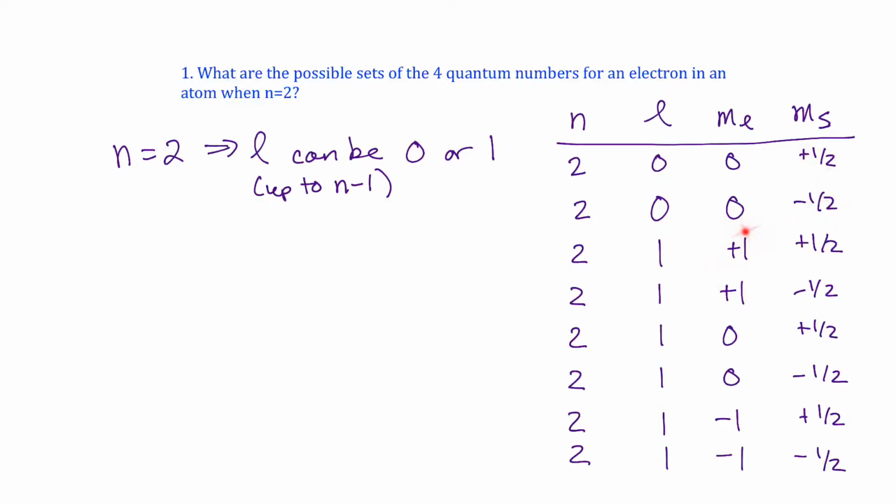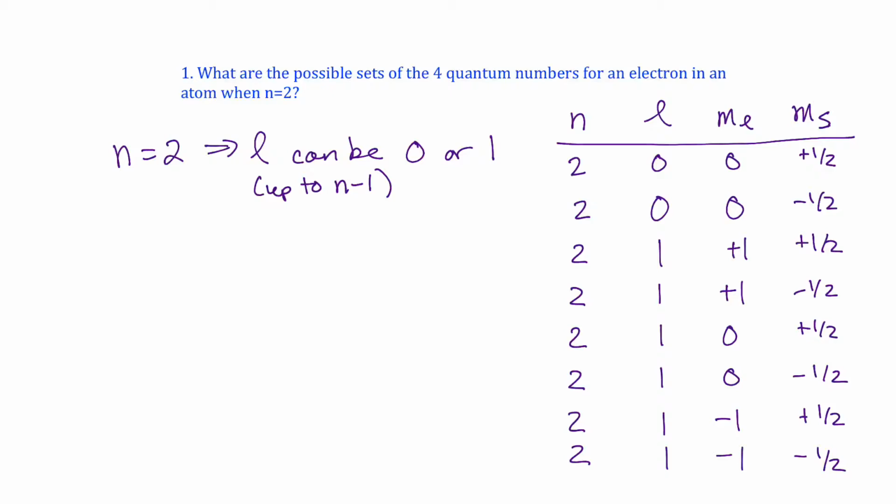So for m sub l of +1, we get +1/2, -1/2. For the zeros, +1/2, -1/2. And again, for the negative ones, +1/2, -1/2. So we have one set of quantum numbers for the l equals 0 situation, with two options there. These are going to be our s orbitals, so l equals 0 is an s orbital, and we can have one electron spin up and one electron spin down.